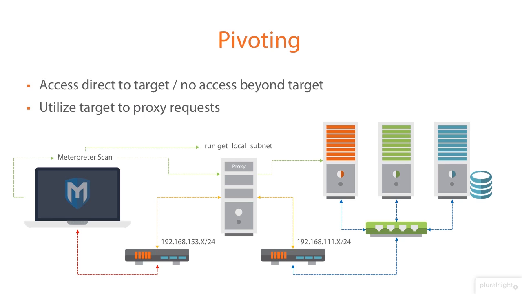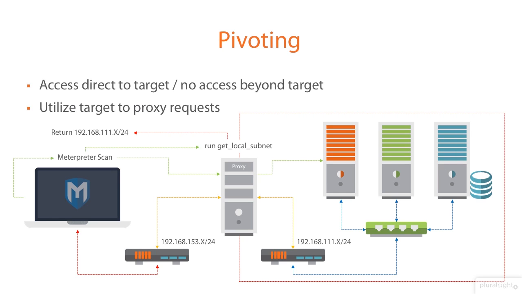So in reality, when we run that command, it should not only return us the 192.168.153, it will return us the 192.168.111 as well, because those are the local subnets that exist beyond what we can see. And that's what pivoting is. Pivoting is the ability to go from Metasploit to a compromised machine to something beyond that we don't directly have access to.